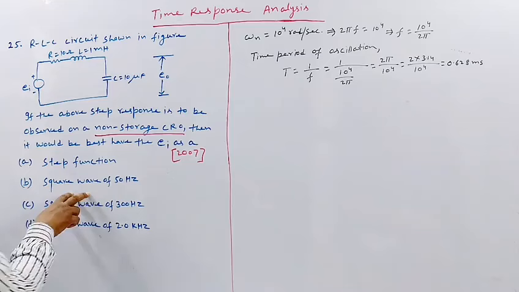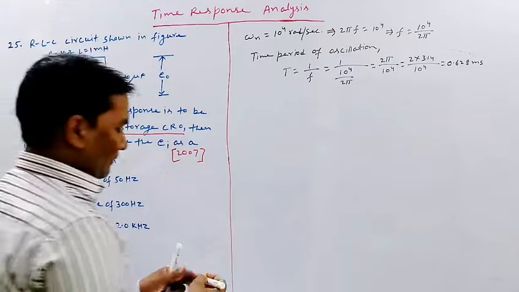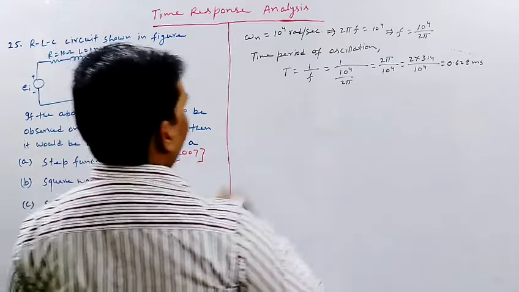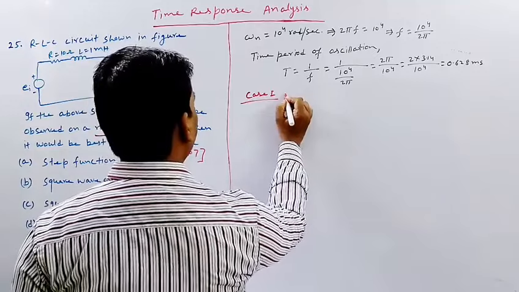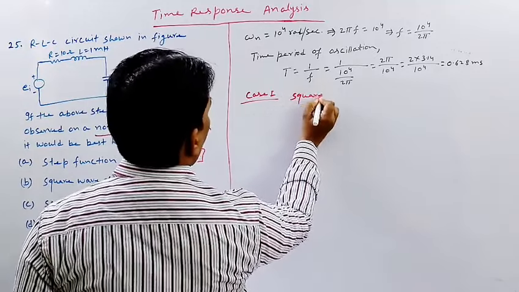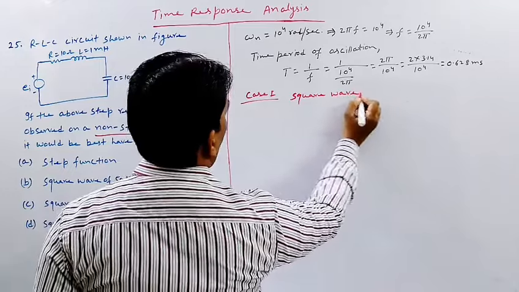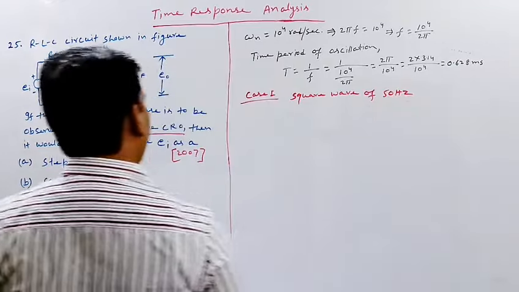Case 1 is a square wave of 50 hertz. In this case, what will be the time period?